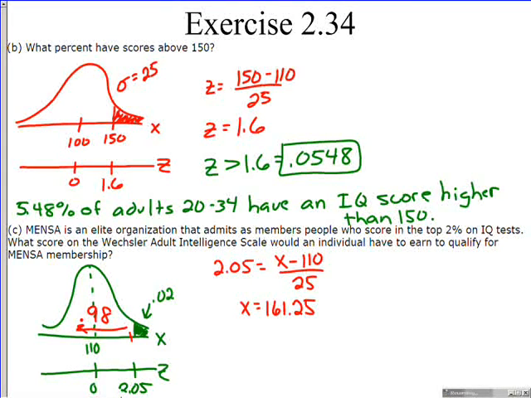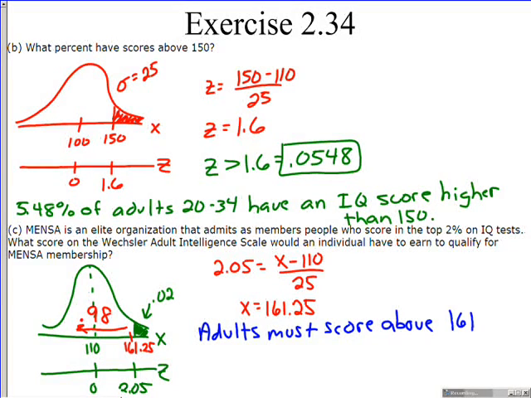That's this value right here. So that means that adults must score above 161.25 to be admitted to Mensa.